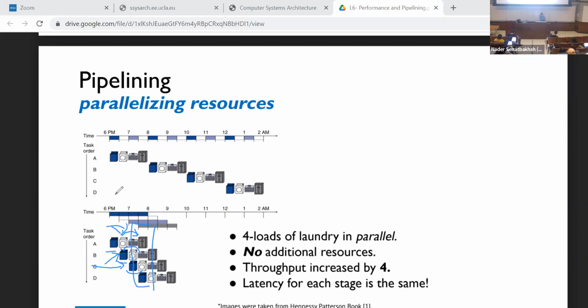And if I look at this, if I start at 6 p.m. for the exact same workload and timing, I'll finish at around 9:30, right? So it's a huge optimization improvement in terms of the time it takes. And now you can think of these as your instructions and these as your steps, your stages.